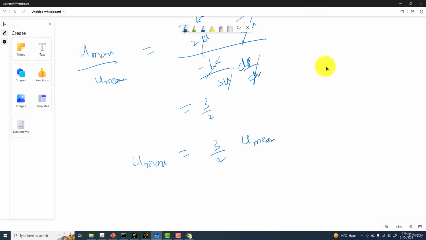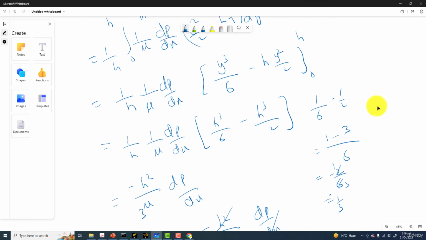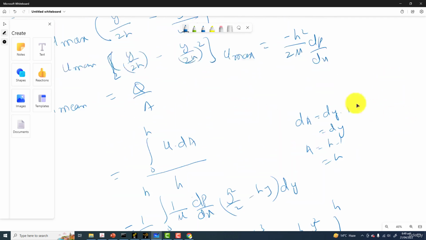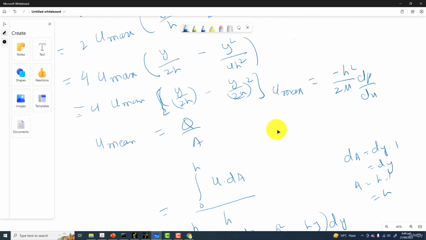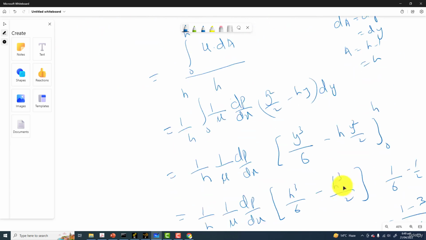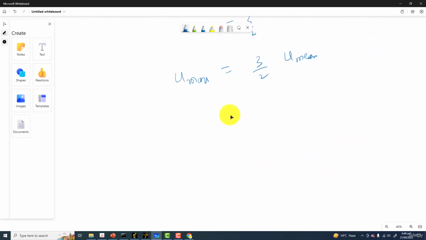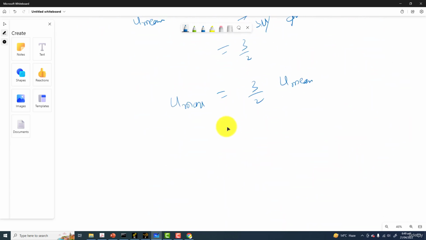And we derived that this u is equal to 4 times u max, bracket start, y upon 2h minus y upon 2h whole square, bracket close.